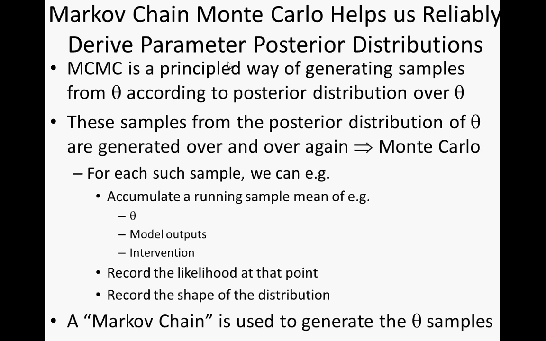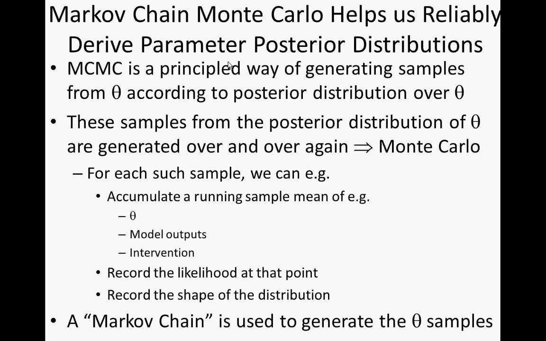For each sample, for example, we could accumulate various statistics, running sample means, record the likelihood at the point, record the shape of the distribution. But broadly speaking, we're going to be arriving at sets of samples for this distribution, which we can then use in all sorts of ways noted in the previous slide. That is, these ways down here.